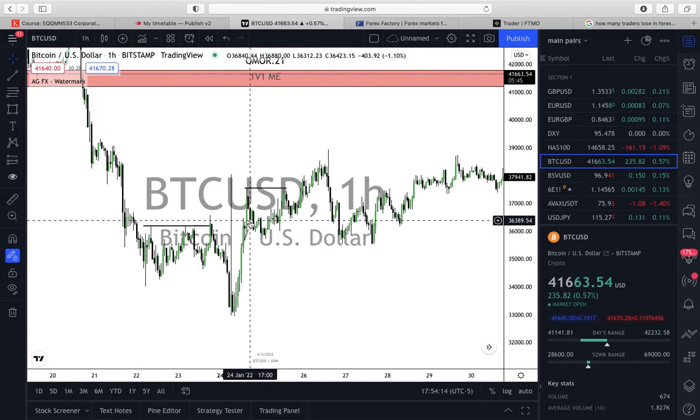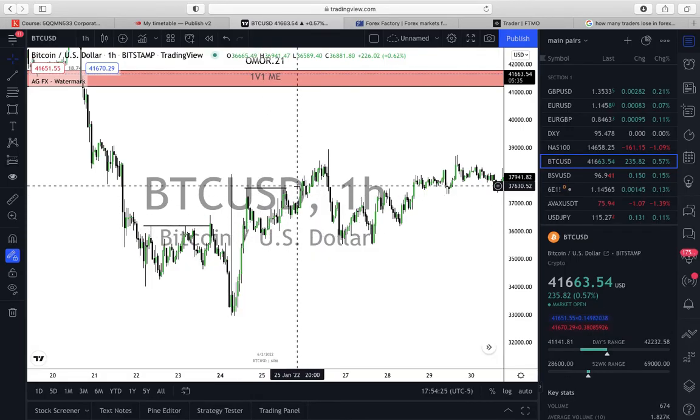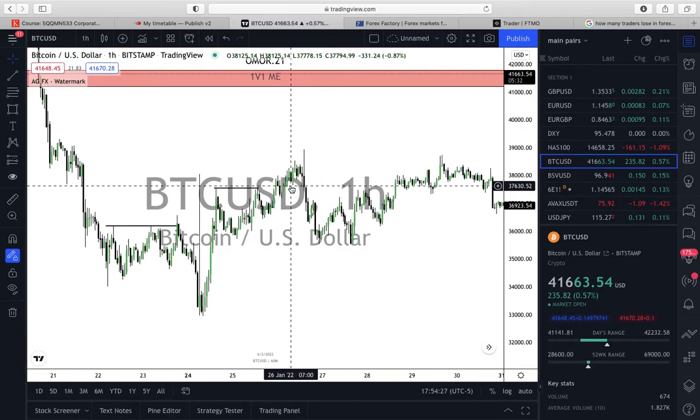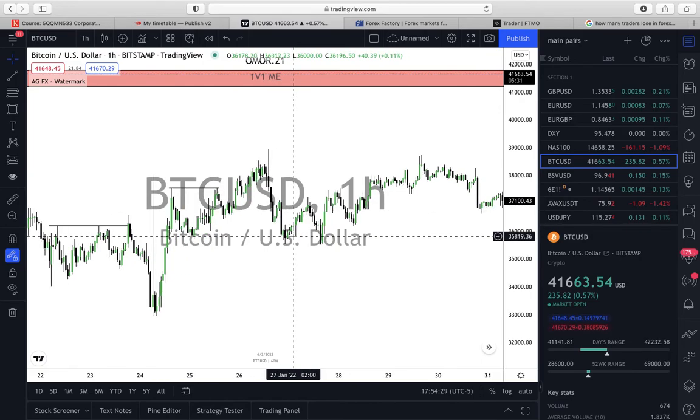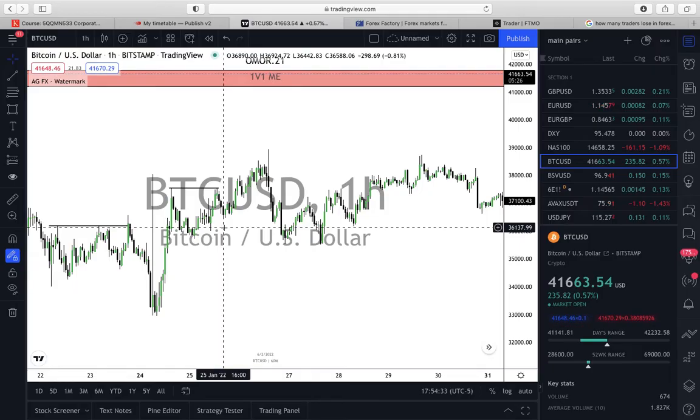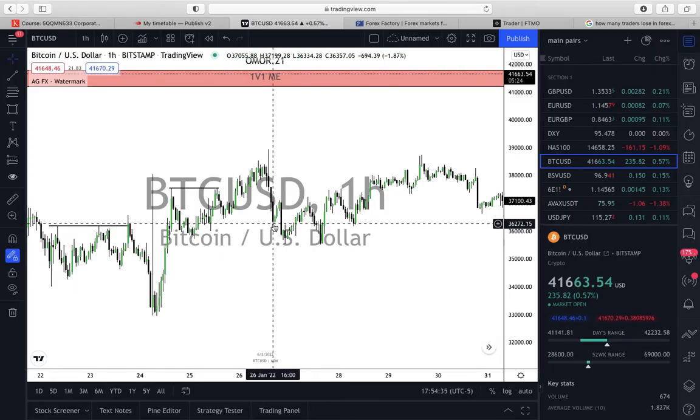So how can you use this? When you have your bias, so you're bullish, let's say you're bullish Bitcoin, you want to look for the lows to get violated. Why? Because if you're a buyer, you're trying to deliver to the buy side liquidity.